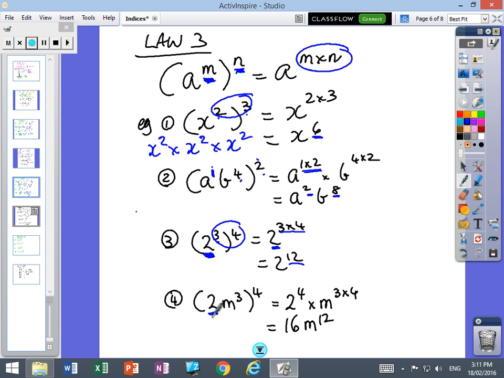This 2 in the next one doesn't have a power. So it's not this 2 and that 2, they're not the same. One's a coefficient and one's a base. So what we do is this 2 here, so 2 to the power of 4 looks like that, and then 3 times 4 equals 12.